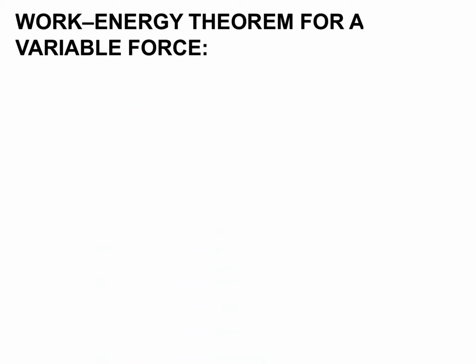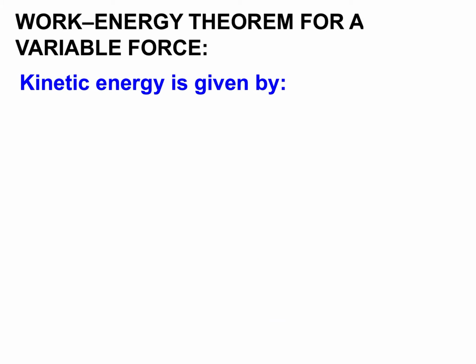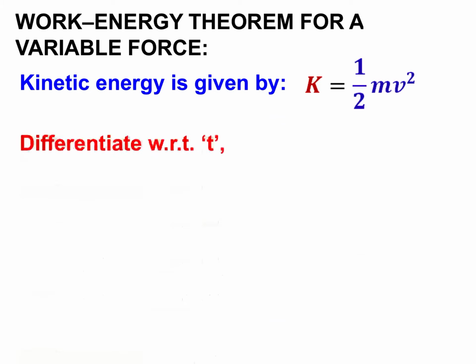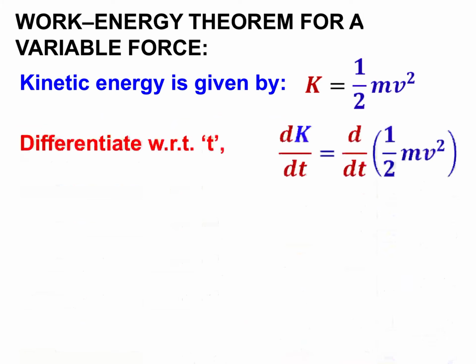Work energy theorem for a variable force. If a variable force is applied on a body, then we have to derive the work energy theorem for variable force. We know that kinetic energy is given by K is equal to half mv square. Differentiate both sides with respect to time t.